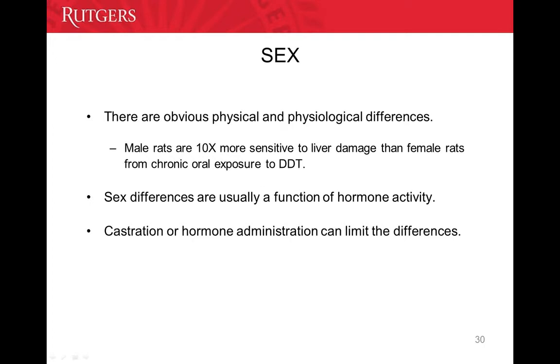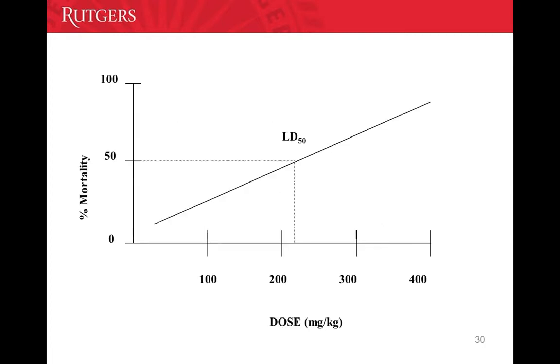If you castrate that rat, you won't see those striking differences. The results will be the same as the female rat. You have some pretty angry rats, but the important thing is that you can see it's a hormone-mediated activity. So if you eliminate the hormone source, you eliminate the toxicity.